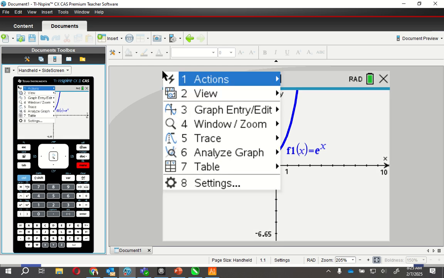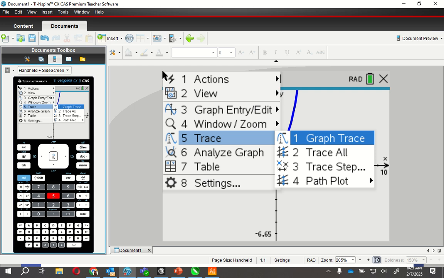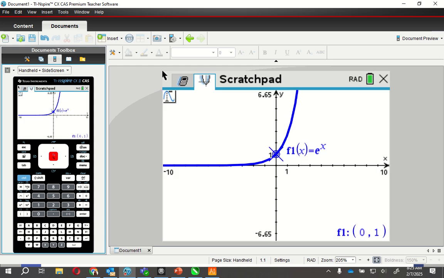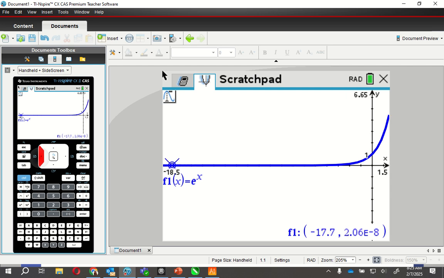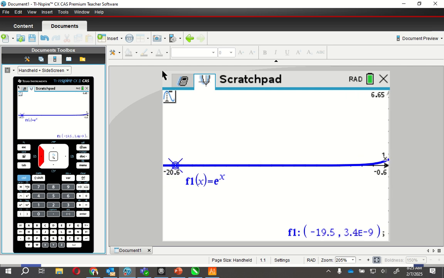Menu, trace graph. I'm not plugging in 0. I want my y value to be 0. What's happening there? Yep, it's an asymptote. So is it ever equal to 0? No, it's never equal to 0.